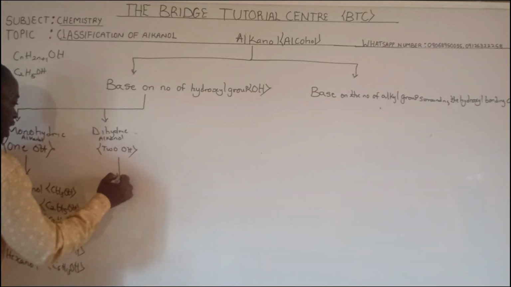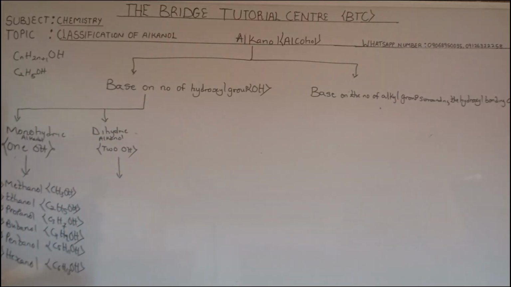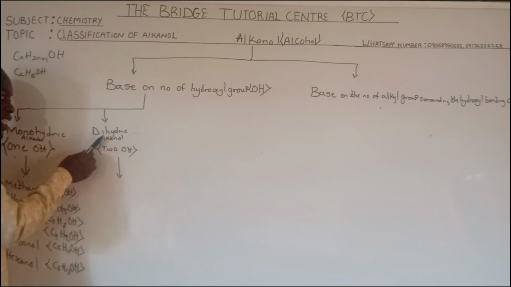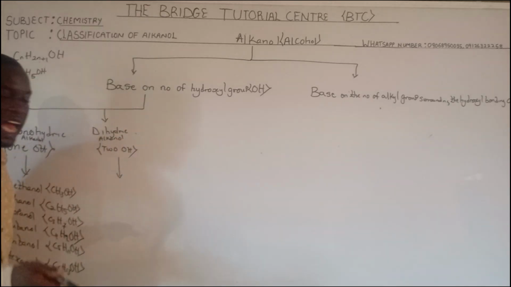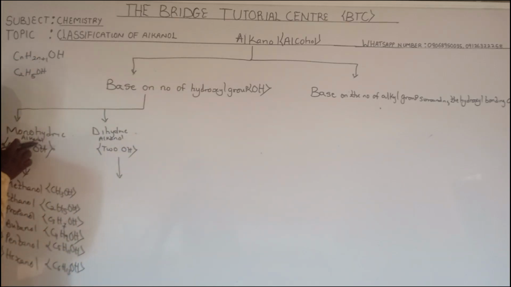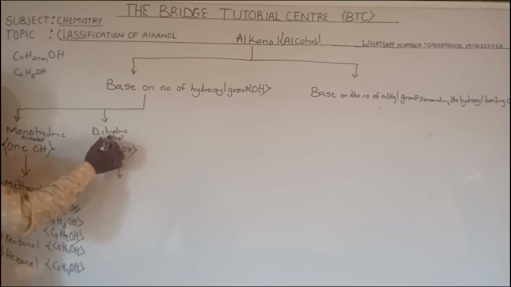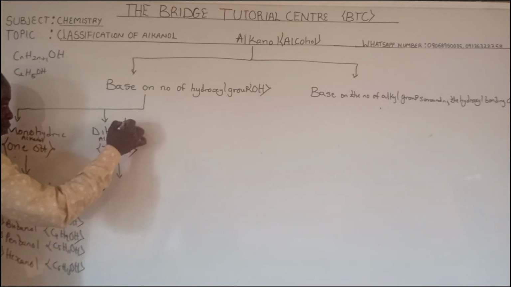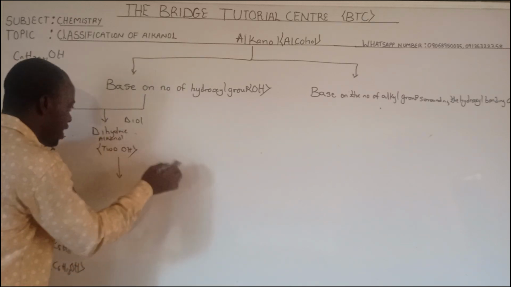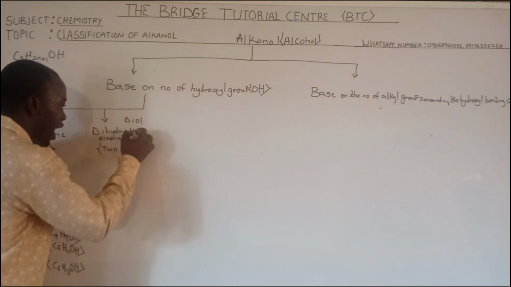So what are the common examples in this one? Apart from calling this dihydric, we said hydric is hydroxyl, or you can also say alkanol. We can replace this hydric by ol. It will now be diol. So we can call this dihydric alkanol a diol.